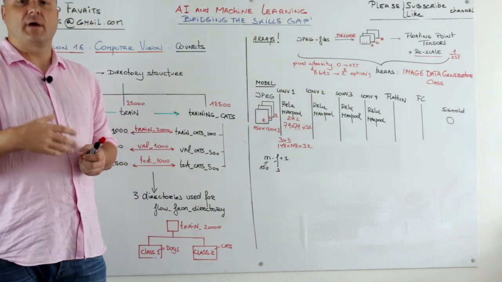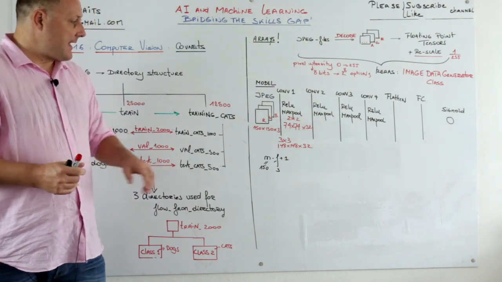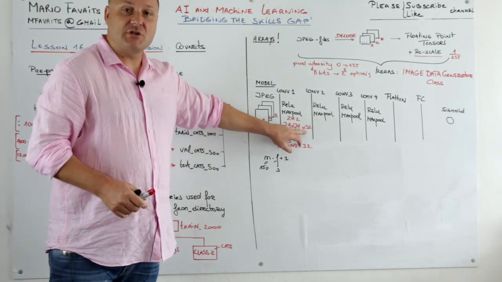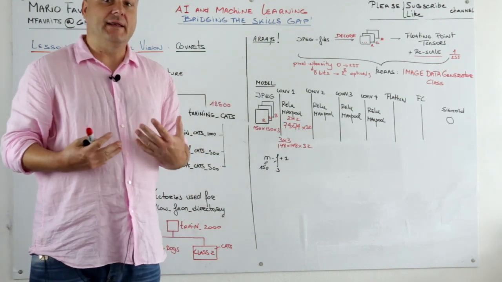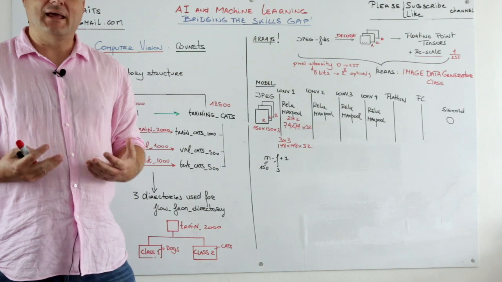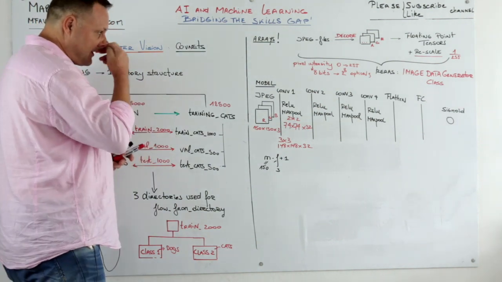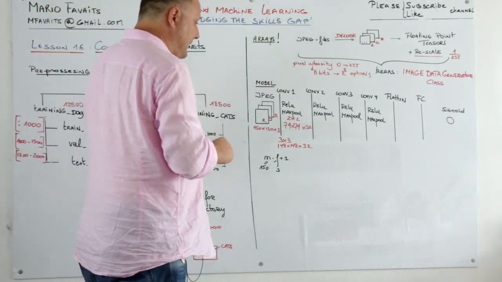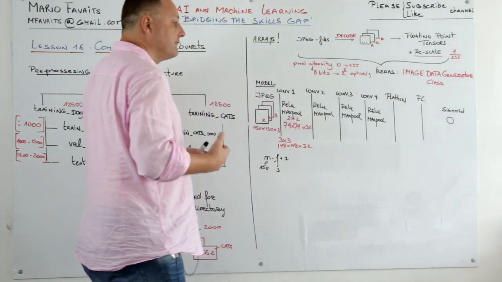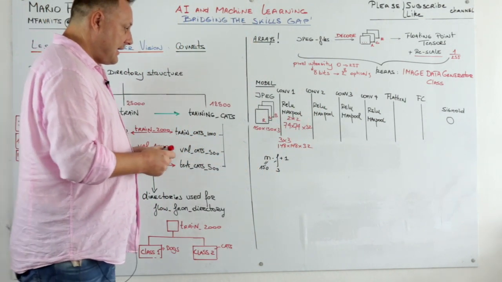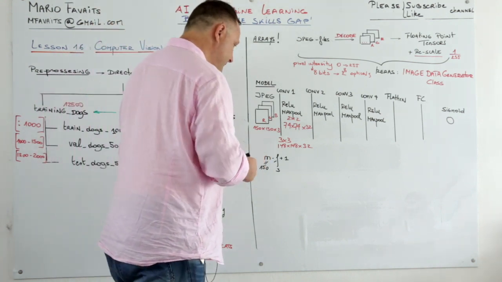Now remember, a max pool halves, but keeps the channels, keeps the number of filters, and doesn't create any extra parameters.